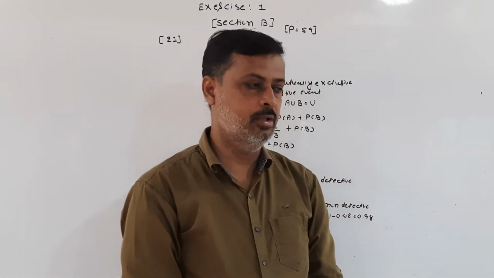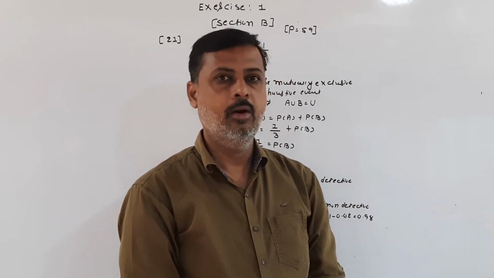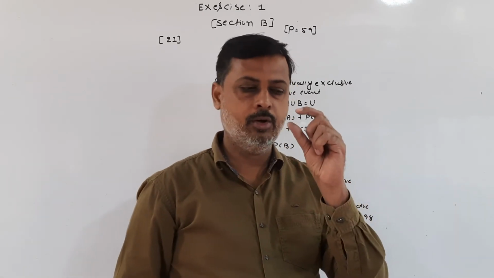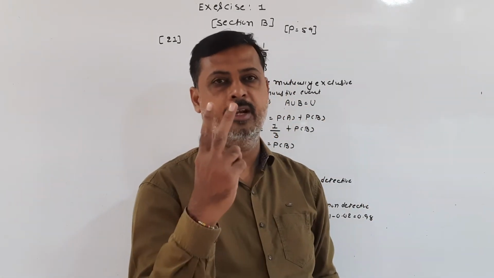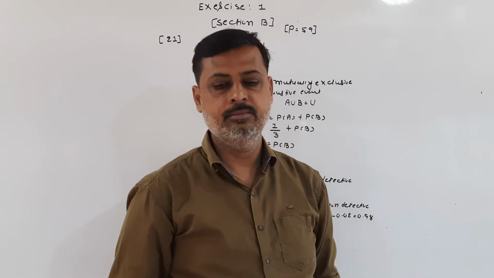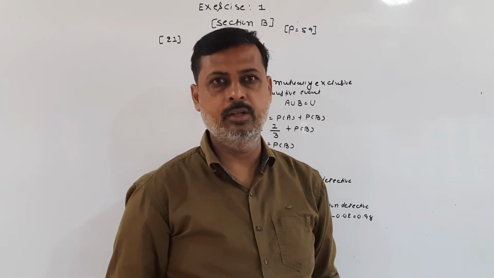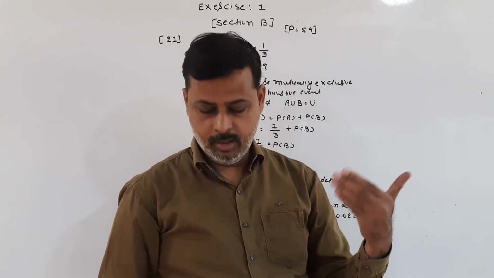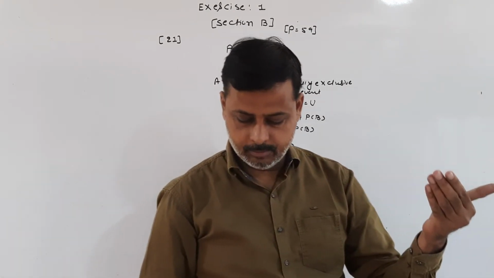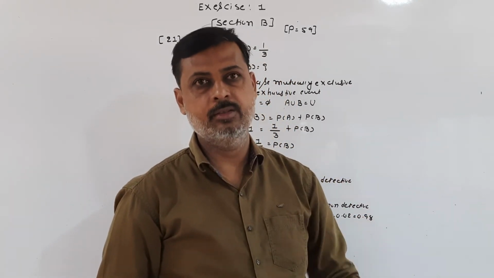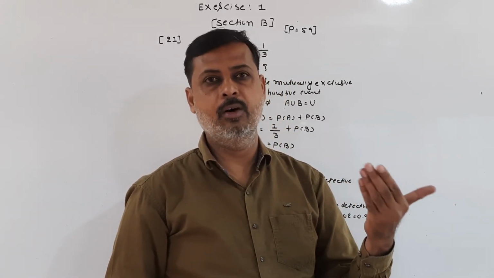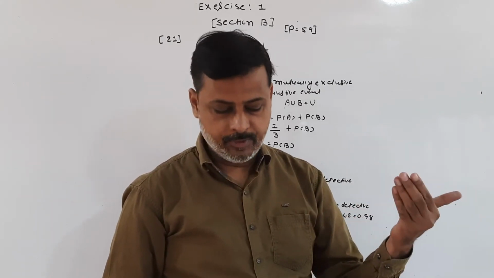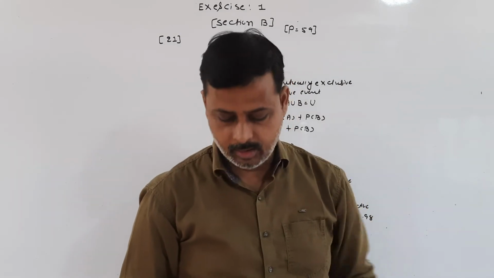Now if we toss a coin, if we toss one coin, there are two events, H and T. If we toss a coin 2 times, 2 square, 4. If we toss a coin 3 times, 2 cube, 8. 4 times, 2 power 4, 16. And 5 times means 2 power 5, that is 32.